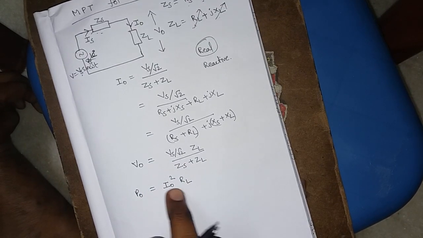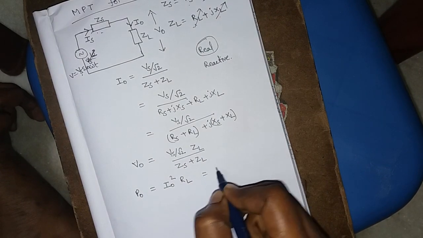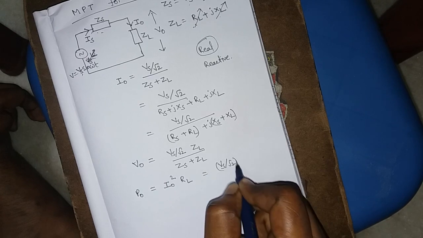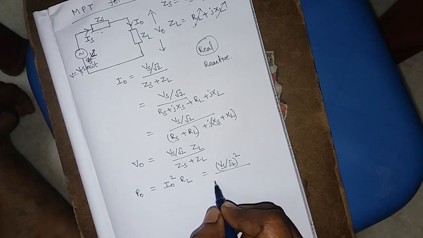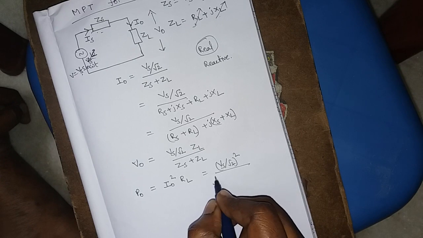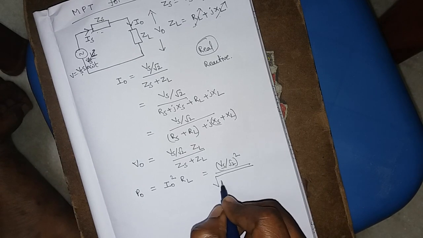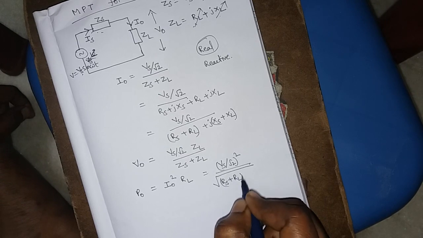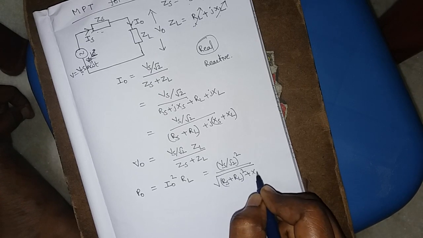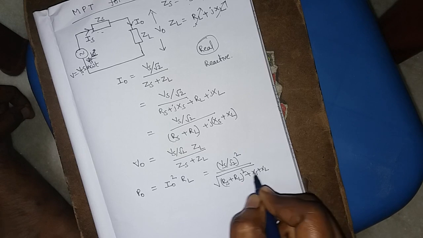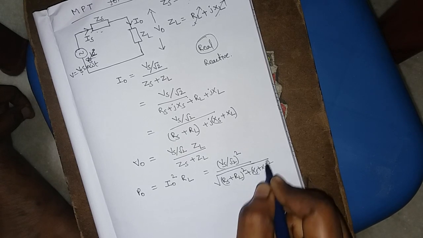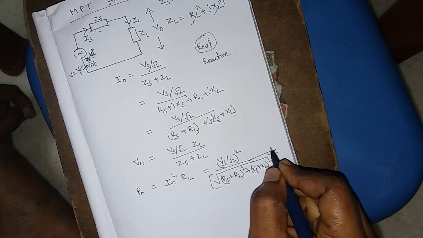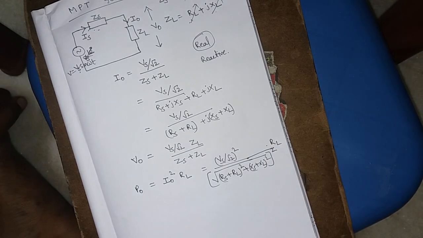Now let us substitute this value of I0, that is Vs by root 2, whole squared, divided by, if I take the magnitude, (Rs plus RL) whole squared plus (Xs plus XL) whole squared, into RL.